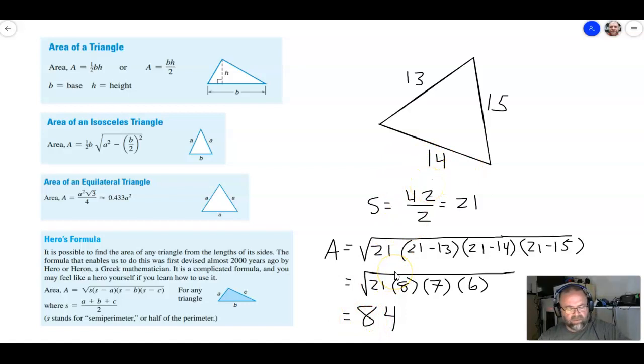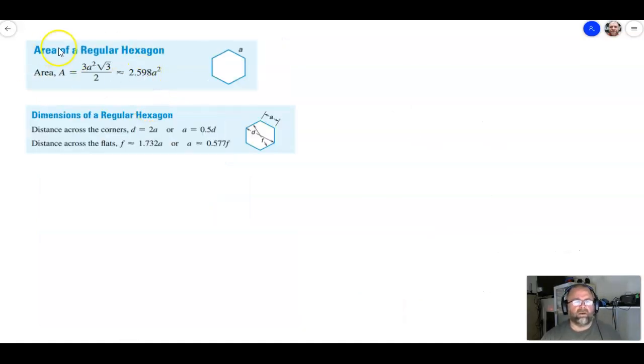All right, let's move on to, I believe it's the regular hexagons. A regular hexagon is a 6-sided polygon where all the sides are the same length and all of the interior angles are also the same measure.